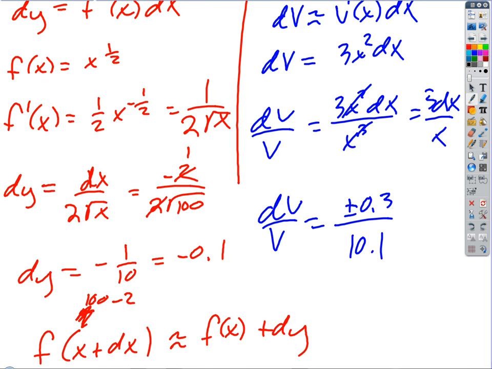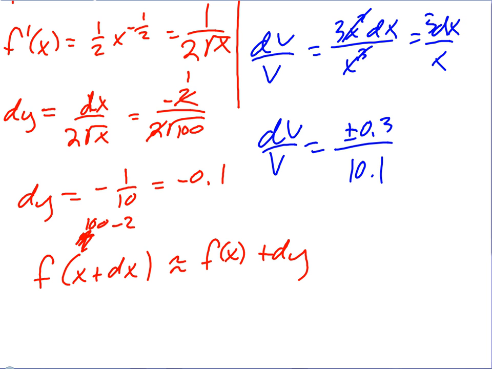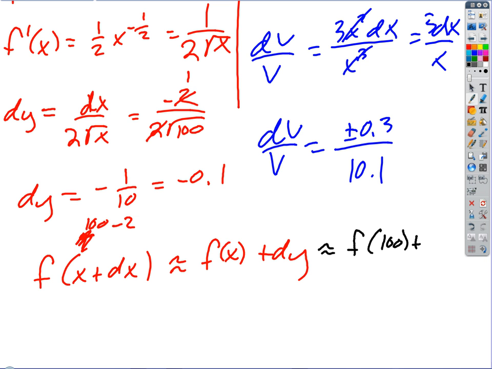And so here's how we get to do this then. If that's true, then this is roughly equal to f of 100 plus what we just calculated, dy, which was negative 0.1.